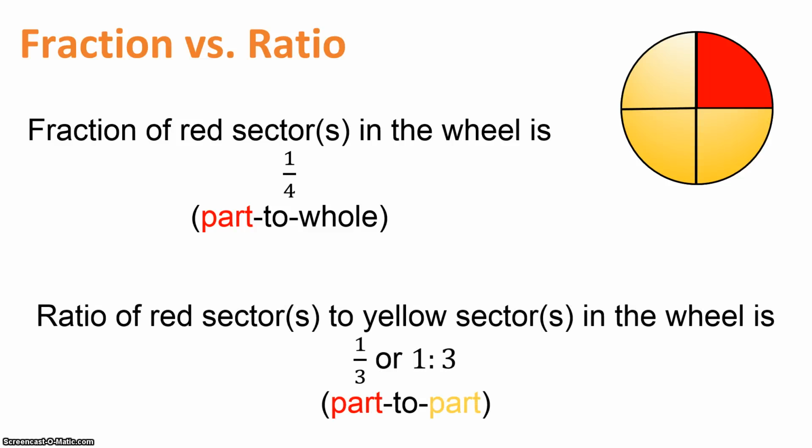On the other hand, we say that the ratio of red sectors to yellow sectors in the wheel is 1 over 3, or 1 to 3. This ratio is a part-to-part relationship. It compares two different parts of the wheel, namely the red and yellow sectors.